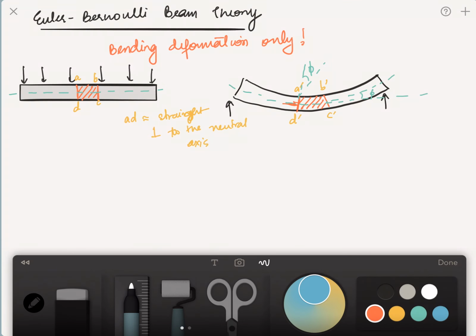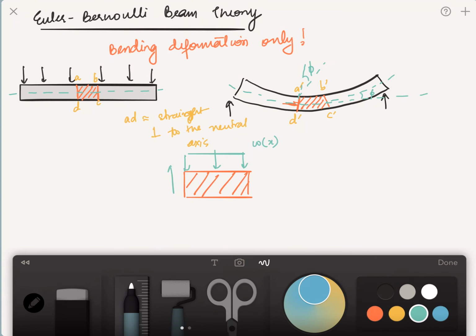Now I can also pick out this little element and I can do a force balance. So I can say, okay, there was a certain load acting on it, which I can call W of x, as I did before. And when I took out this element from this section, then there should be some surface tractions and moments that should be left behind to counter it.